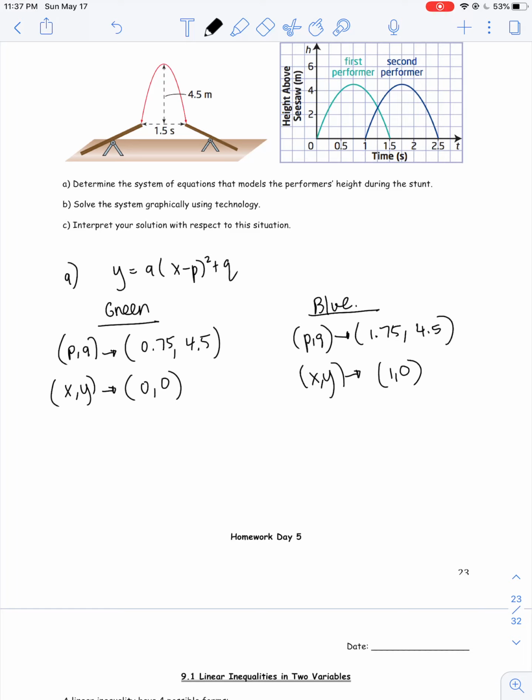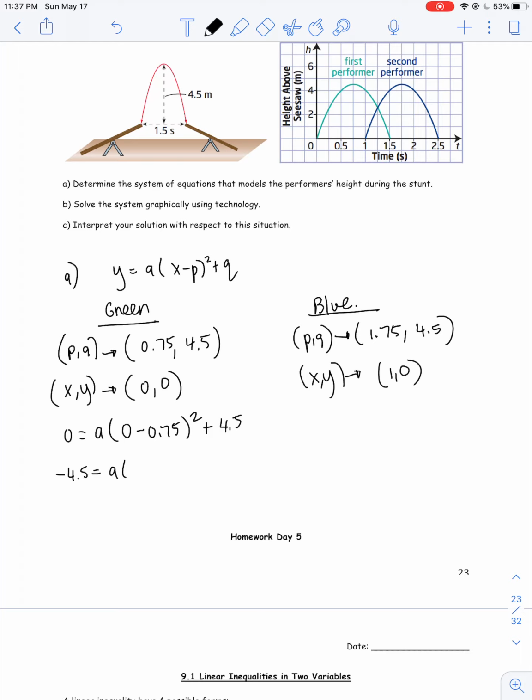So we can look at this graph to find out the system. When it comes to y, we have 0 equals a, which is what we're trying to solve for, times our x, which is 0, minus our p, 0.75, squared, plus our q, 4.5. So we're going to bring the 4.5 to the other side, making it negative 4.5 equals a.